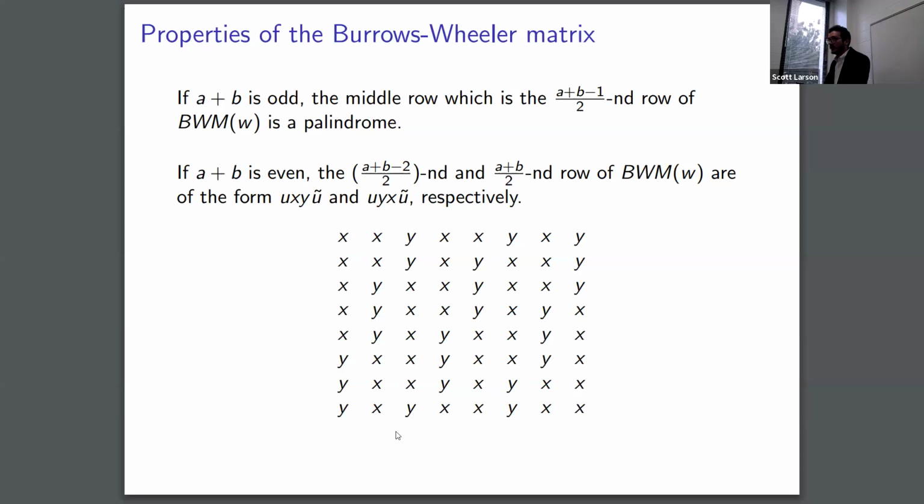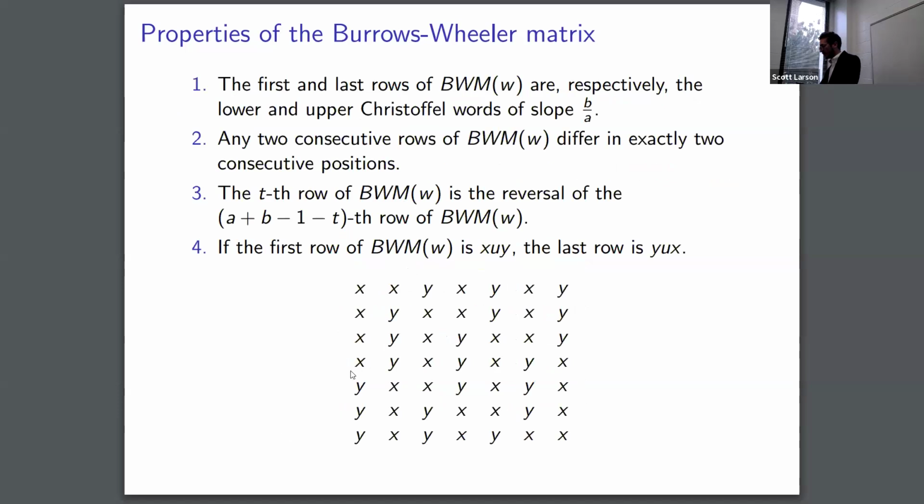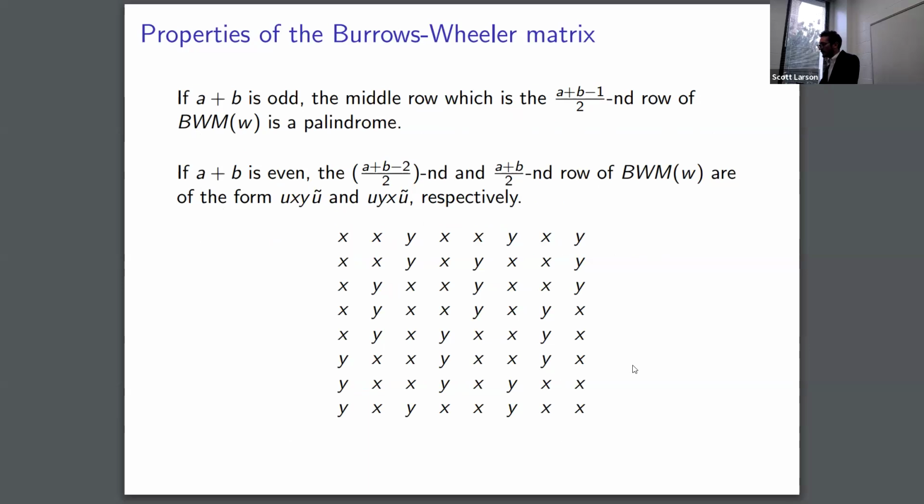So here's two properties that we're going to need later. We have that if a plus b is odd, the middle row of the matrix is actually a palindrome. So we'll go back here, you can check the middle row, yep, palindrome, nice. If a plus b is even, you actually get the middle two rows are reversals of one another, which we actually have by the previous property, but specifically we get that they also only differ in the middle two positions.